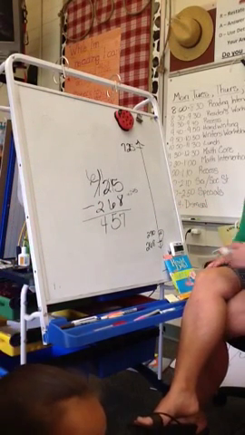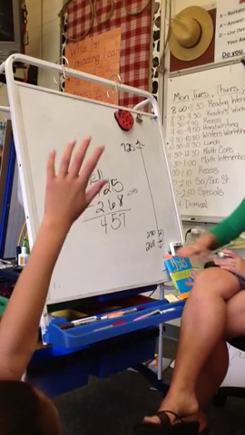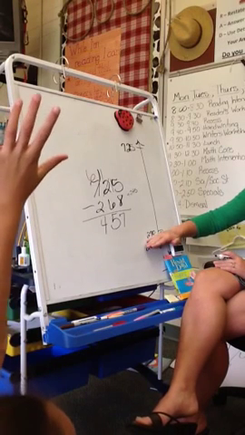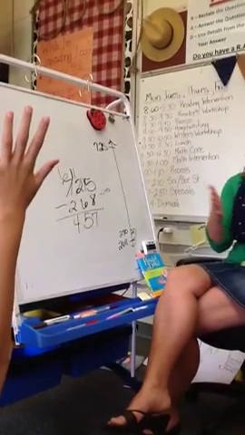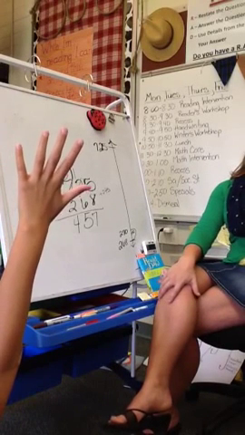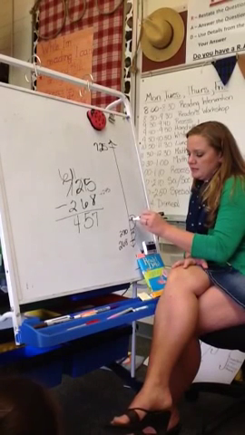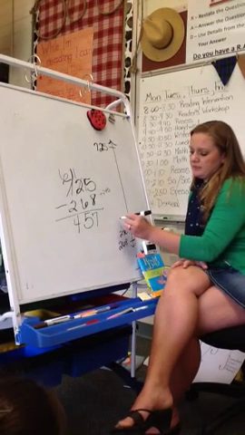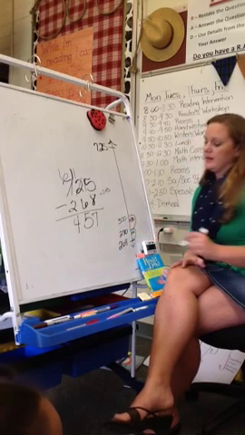Isma? 270. Now I want to get it to the next group of hundreds, like even hundreds numbers. Jenna, 30. I'm going to add 30 onto it. So 30 plus 270 equals what? 300. Now I'm at 300.